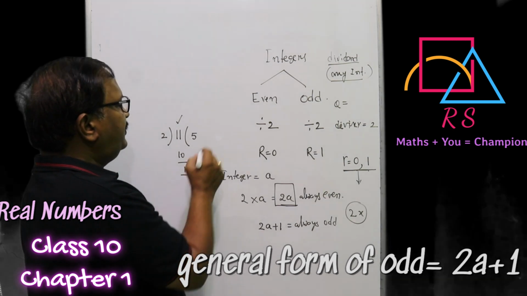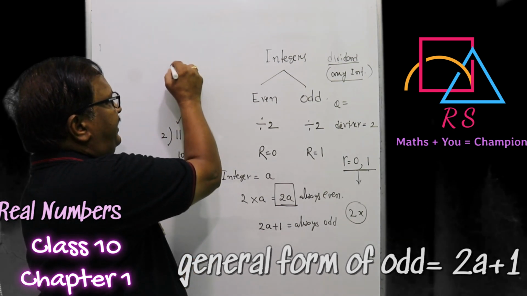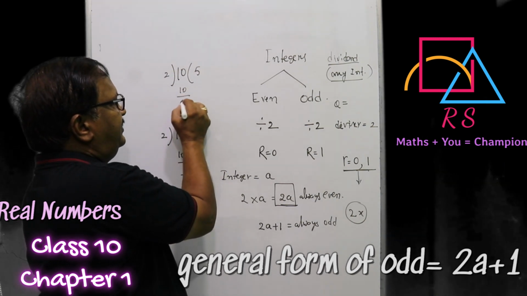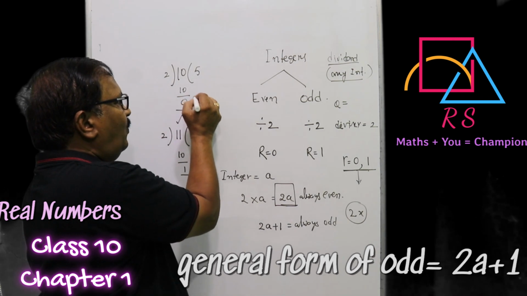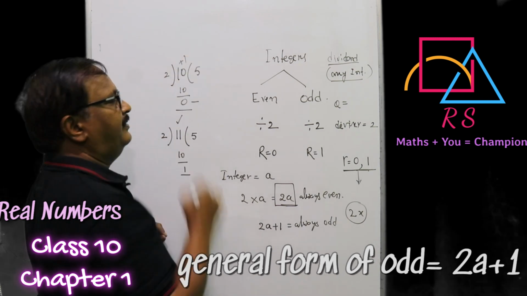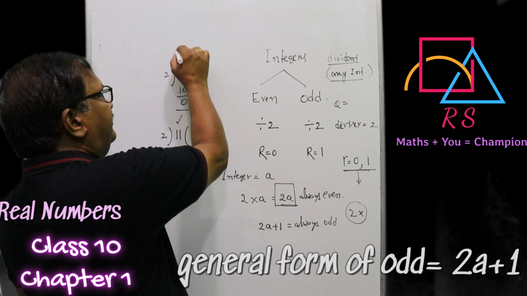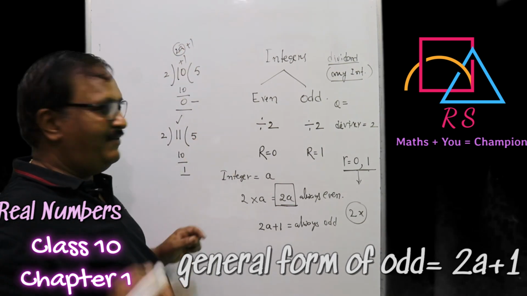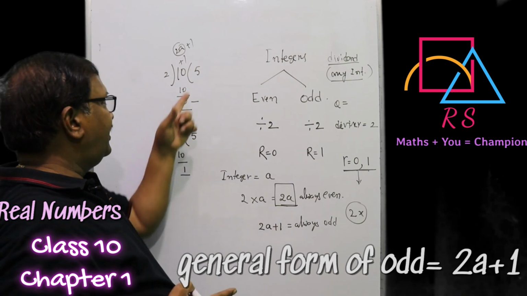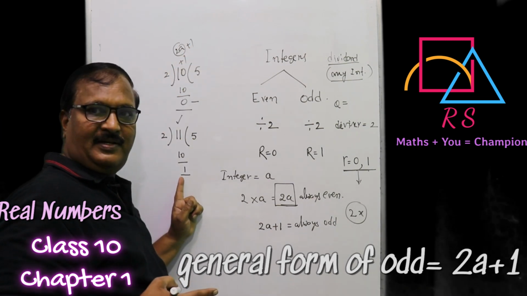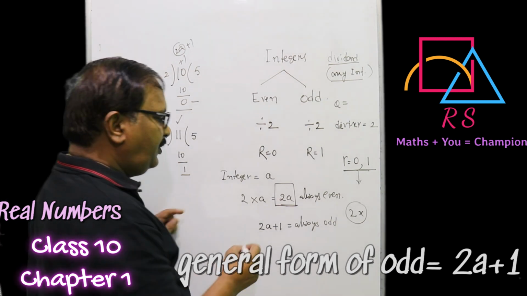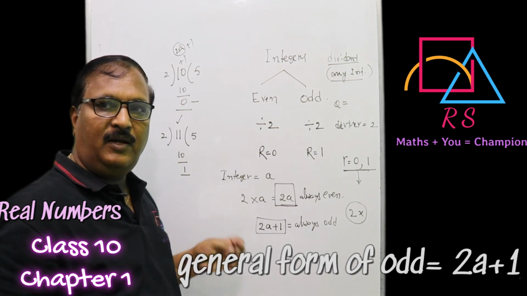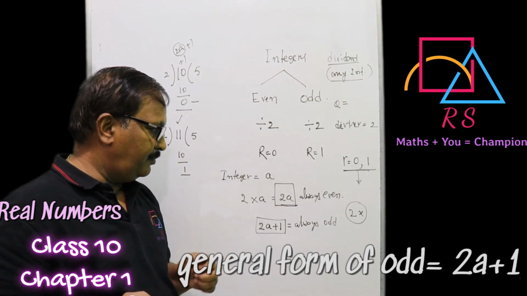Take 10 divided by 2: the quotient is 5 and the remainder is 0. This is 2a. You add 1 to this, 10 + 1 is 11. Whatever you add comes in the remainder. So 2a + 1 is always the standard form of an odd number.